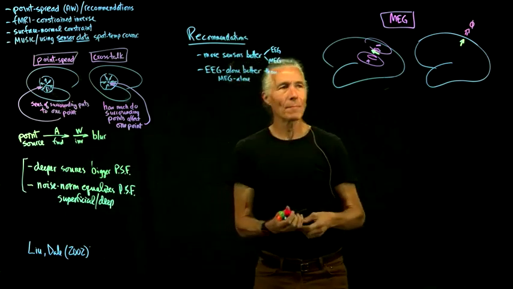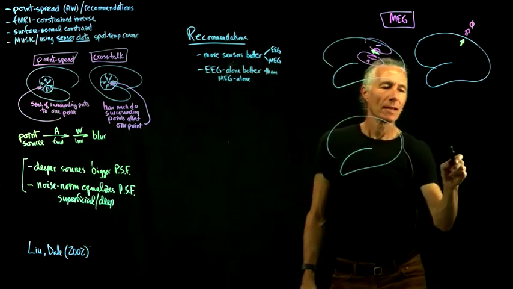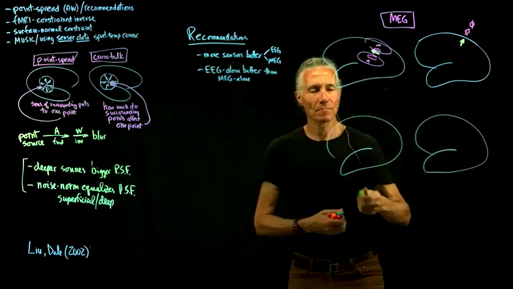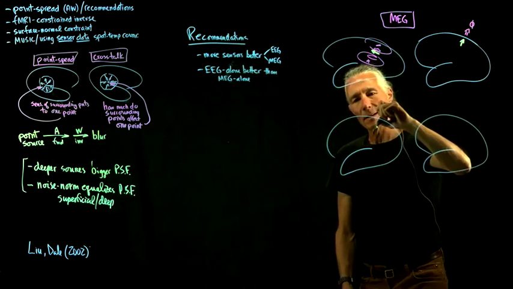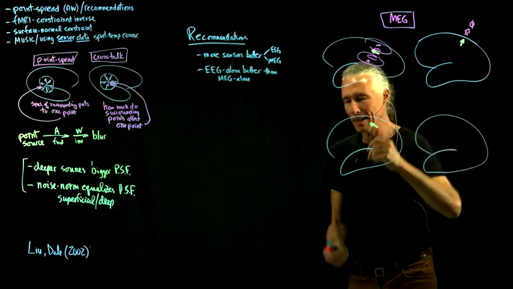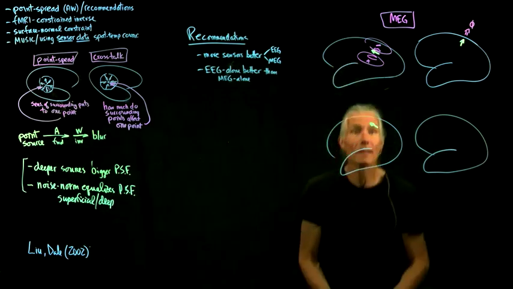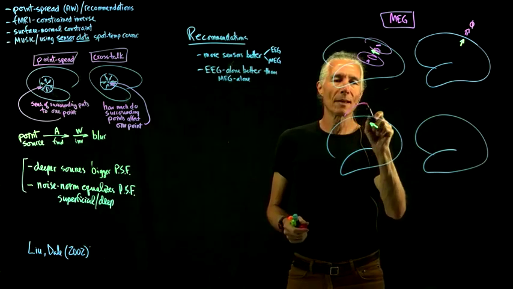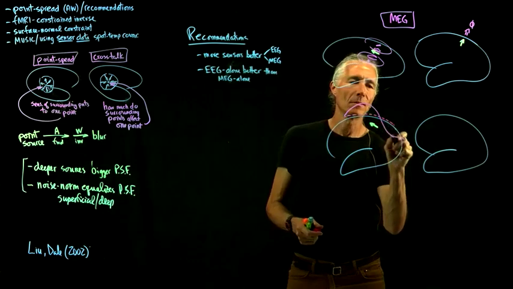So what happens in EEG for those two cases? Both of those cases in EEG give you a signal. If you have a dipole like that, the forward solution of that dipole, you're going to see some current coming out of the head here, and then some current going into the head here, if this is your zero point.